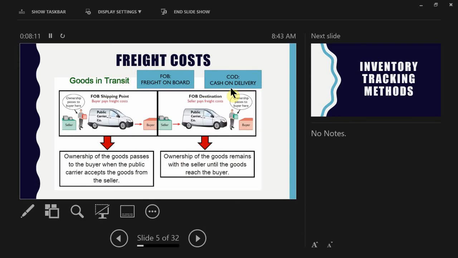Usually they charge you like maybe $16, depending on what the item is. They charge you $16 shipping and handling. That's to get the item from the seller's store to the midpoint. Then, of course, the seller also has to pay an additional $16 to get the items from the middle point all the way up to the buyer's store.